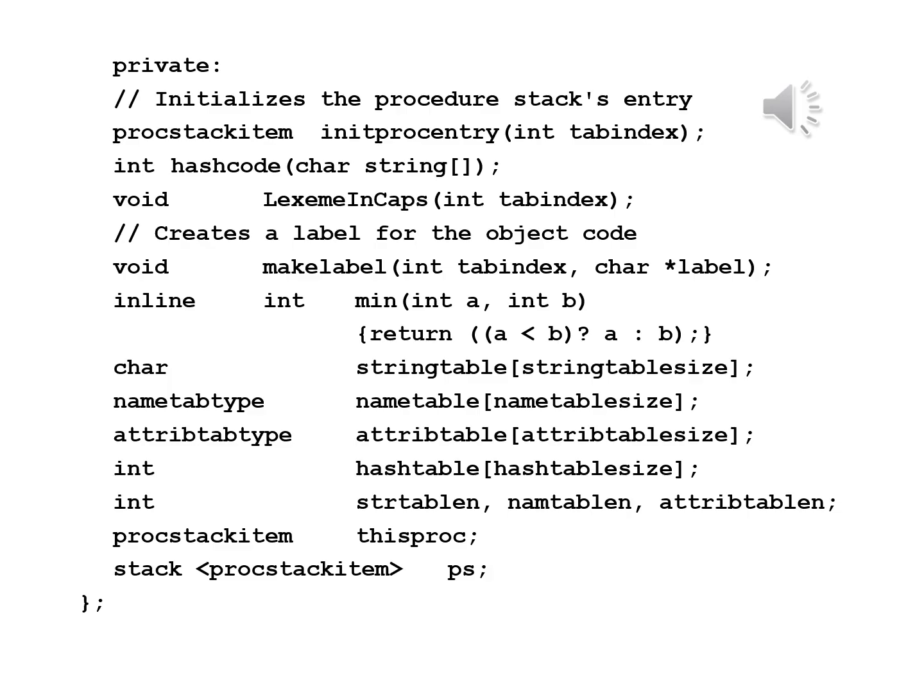We also see definitions for our tables. The string table, again just a very long string, the name table, the attribute table, the hash table, and their respective lengths. We also define the items that are pushed on the procedure stack and the procedure stack itself.